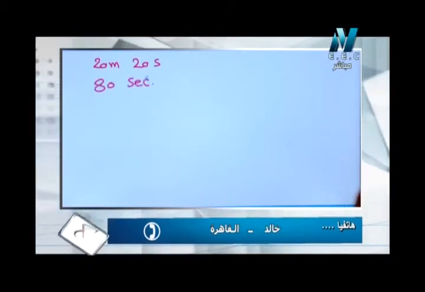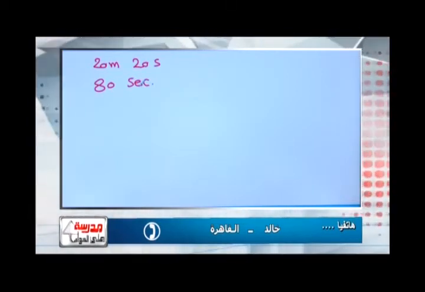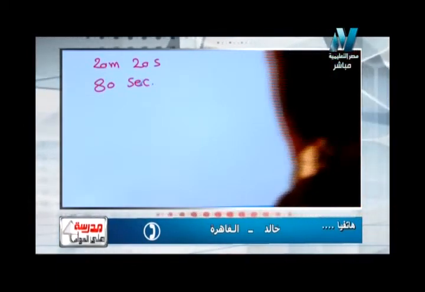Running 200 meters in 20 seconds. حلو قوي. وبعدين returns back in the opposite direction, the same distance, 200 meters, in how many? In 80 seconds. Yes. Okay.